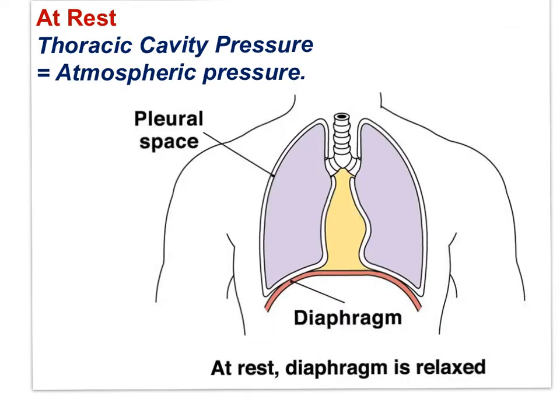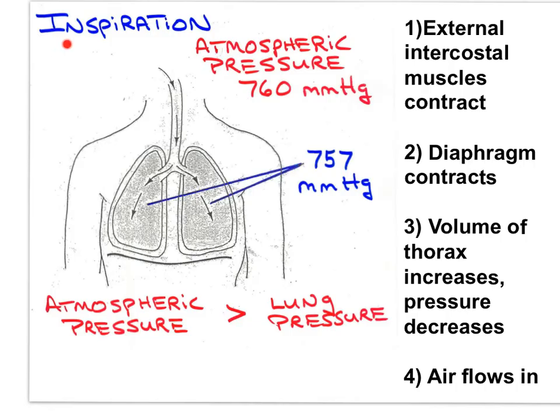Here is another image of the ventilation system at rest. Thoracic cavity pressure equals atmospheric pressure. Notice the diaphragm is relaxed and there is no movement of air in or out of the lungs. During inspiration, the external intercostal muscles contract, lifting the rib cage. The diaphragm contracts, shortening or flattening the muscle, and the diaphragm pulls down.